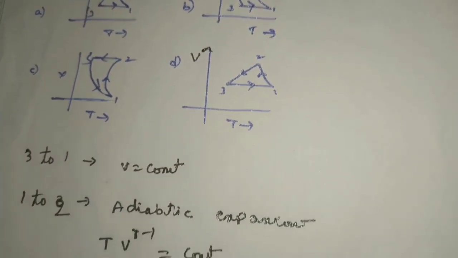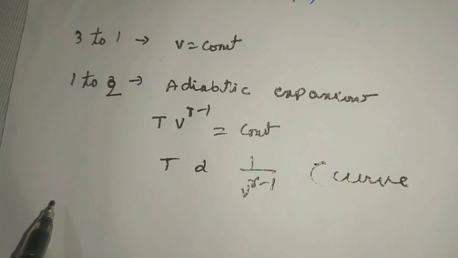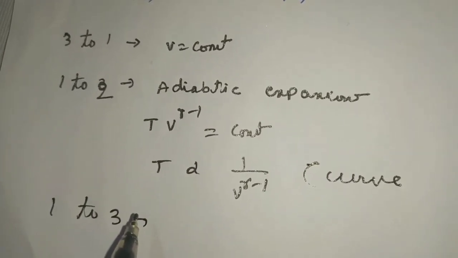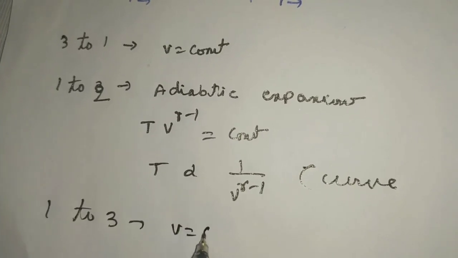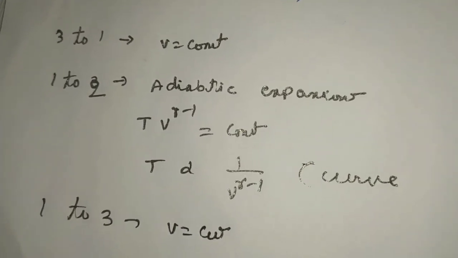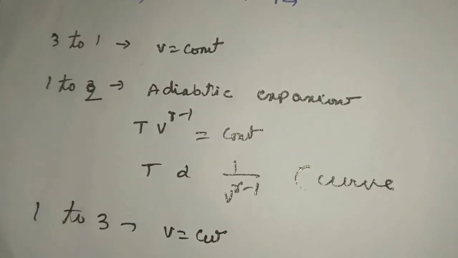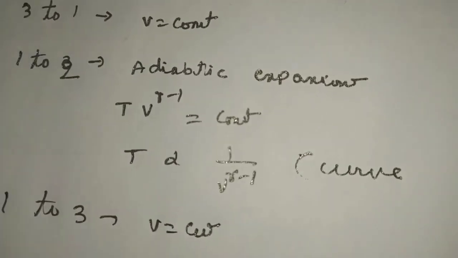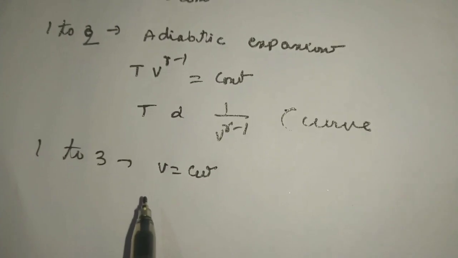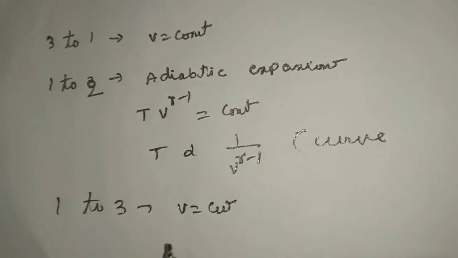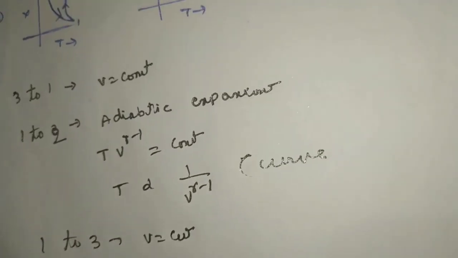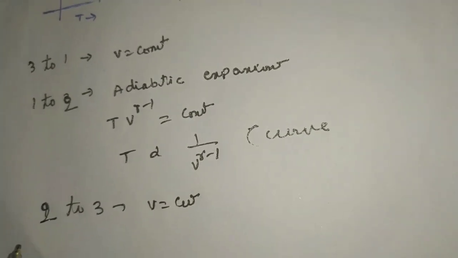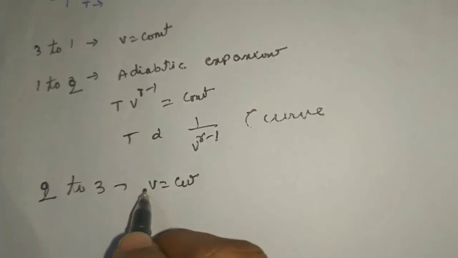For that, consider the last process from 1 to 3. In the diagram, for 1 to 3 volume is constant. We already explained 3 to 1 and 1 to 2. Consider 2 to 3. For 2 to 3 pressure is constant.